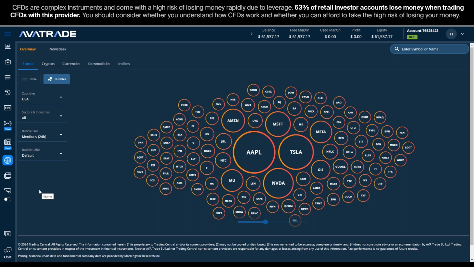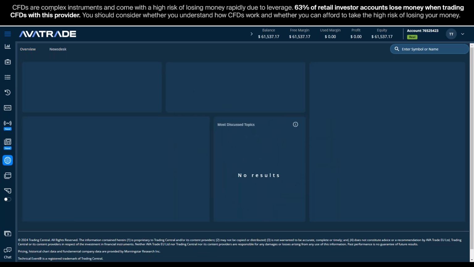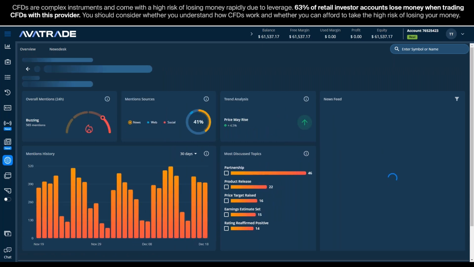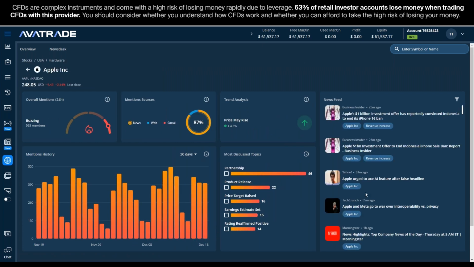I can really quick come here and say, okay, Apple has 565 mentions online that we found with this system. I can quickly pull that up. I not only can find those articles really quick, with the most recent ones listed first, so it's the most relevant recent news that might move the market for this stock, but I also get a technical prediction.